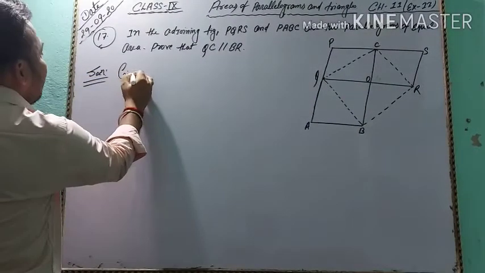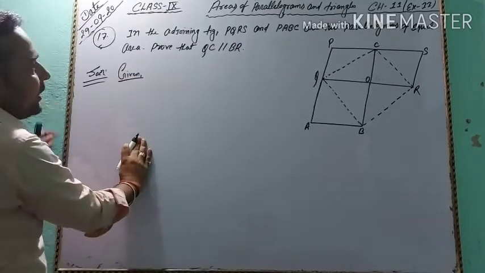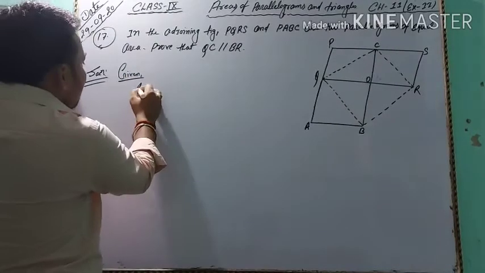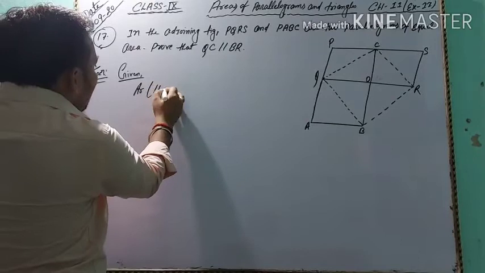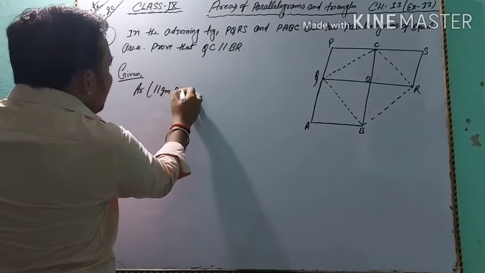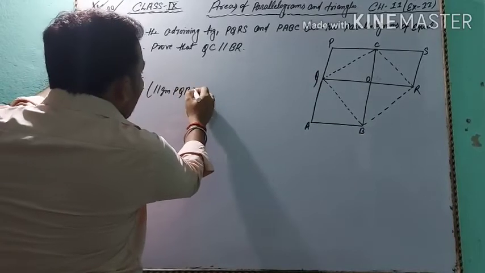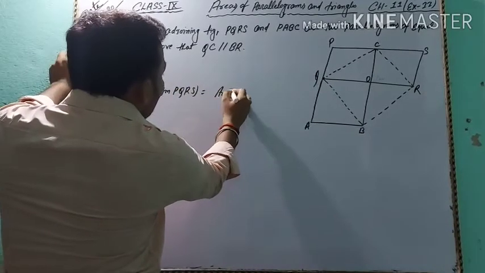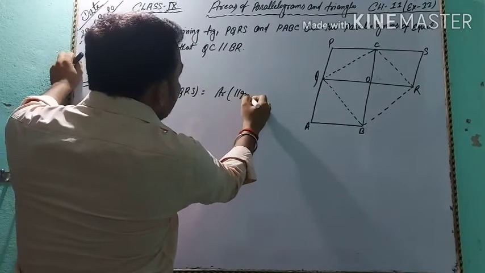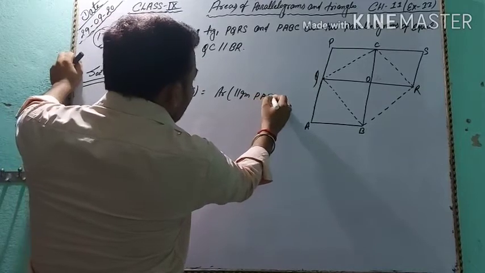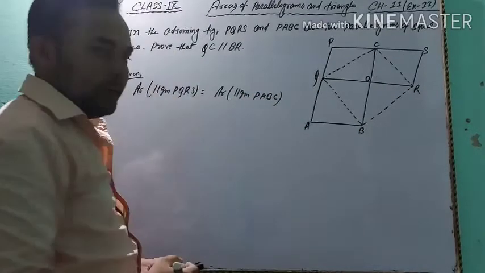Students, given that area of parallelogram PQRS is equal to area of parallelogram PABC. Okay, this is given.